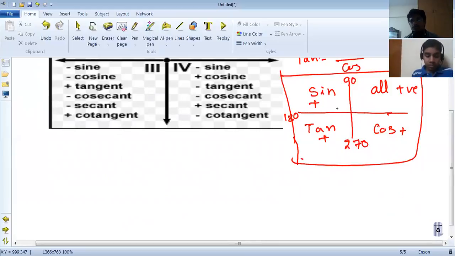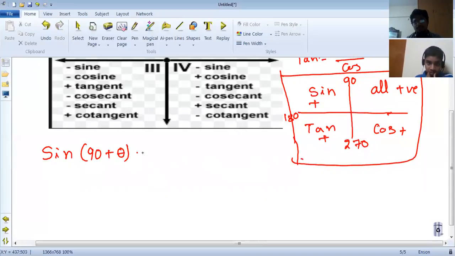Now, how are we going to use this to solve any problem? One more condition you need to remember: whenever it is 90 plus something or 90 minus something, for sine or cos, you will get the opposite. Sine of 90 plus theta will be cos theta.